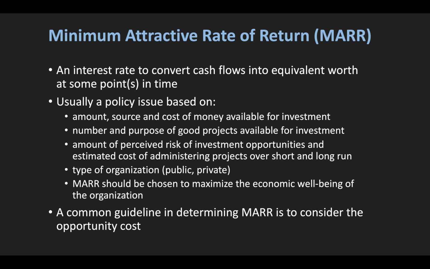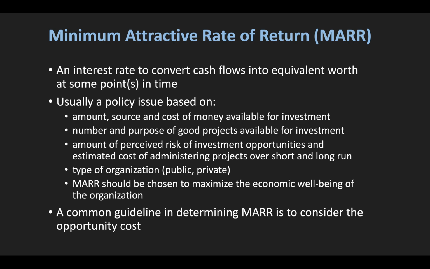If I investigate, let's say I'm thinking about the stock market, right? Then I need to decide my minimum attractive rate of return, my MARR. For me, it's not 2% anymore because I do have another pretty safe, guaranteed interest rate, opportunity cost, right?